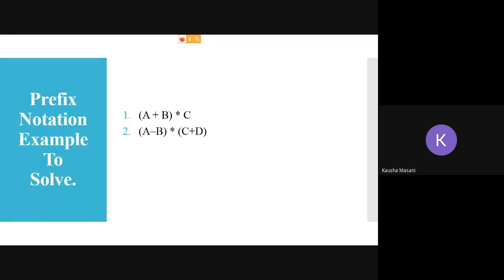Solve this example now. Giving you a format, okay? Direct way.